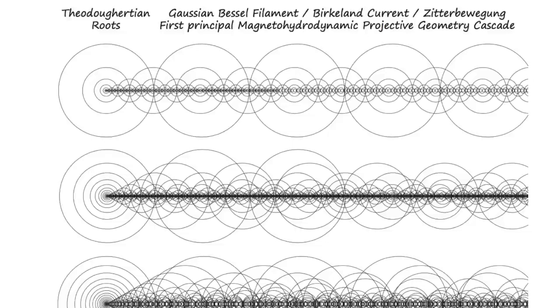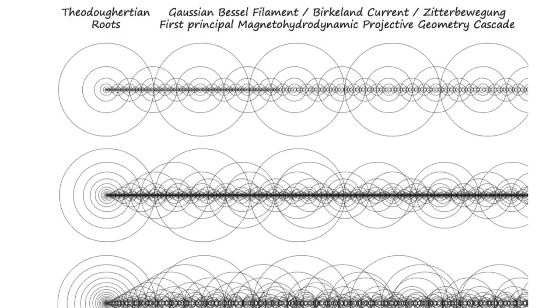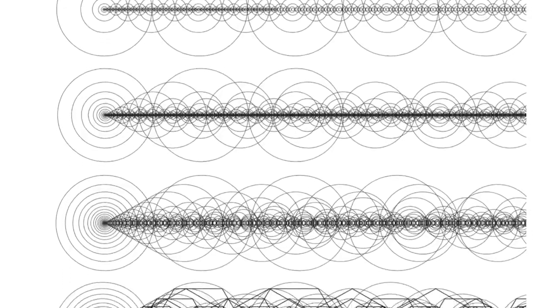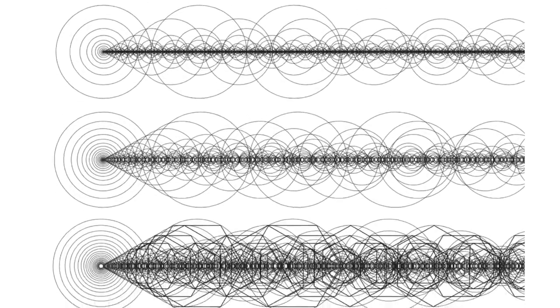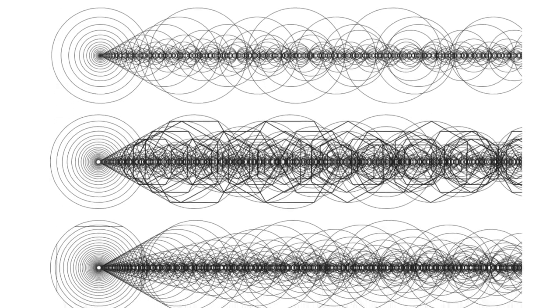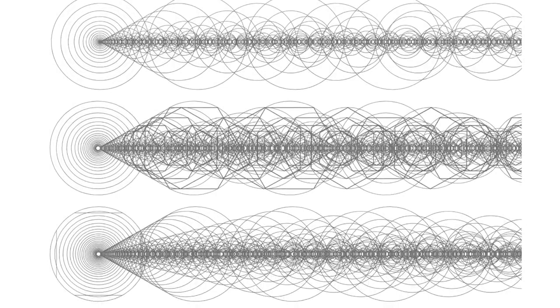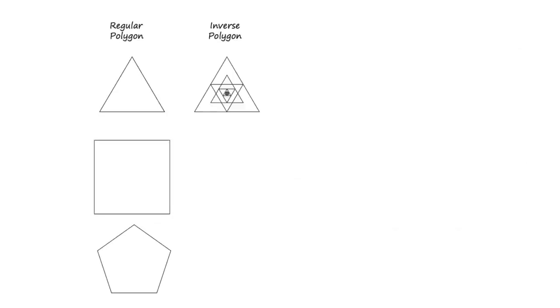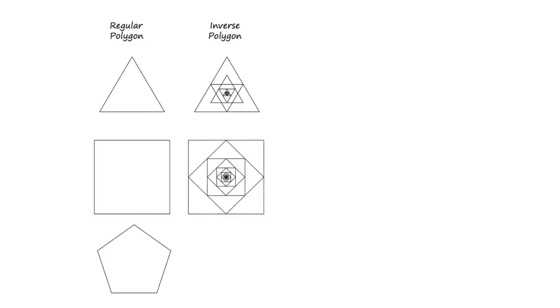Theodoretian roots are extremely easy to understand, and just like the water droplet, they increase the amount of sides incrementally along with the harmonics. First, charge neutrality seeks edges, as we just saw in lightning. Knowing that, we begin using regular polygons. Then we nest the polygons equally inside each other, giving us the inverse triangular, inverse square, inverse hexagonal, etc. geometries.